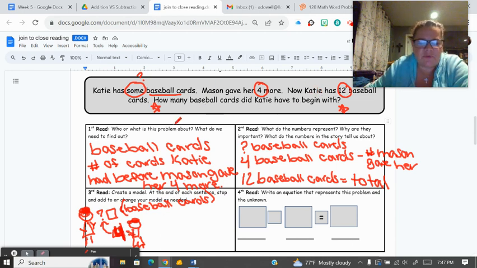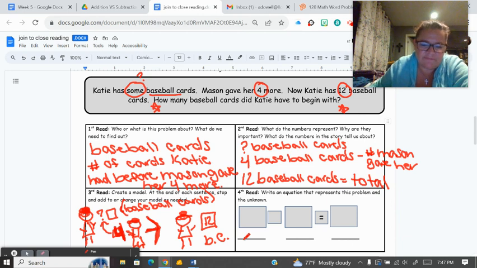Now Katie has 12 baseball cards. So when I take all of this, I can put an arrow and say, when you take all of this, now Katie, here's my hat for Katie. Now she has 12 baseball cards.